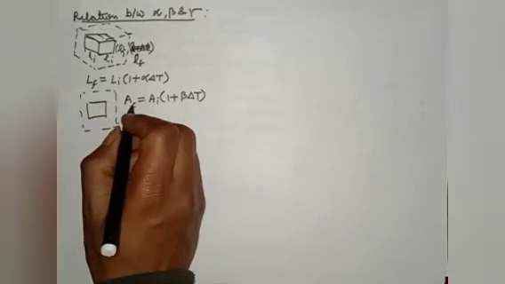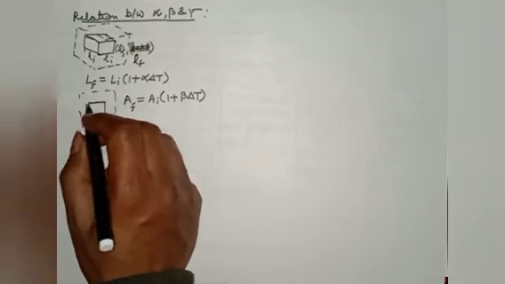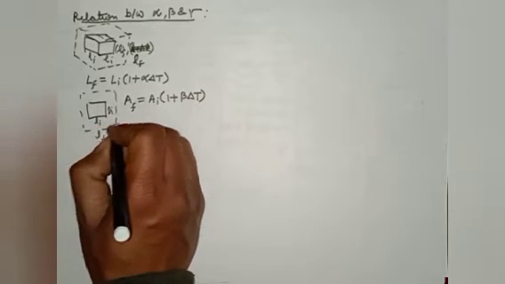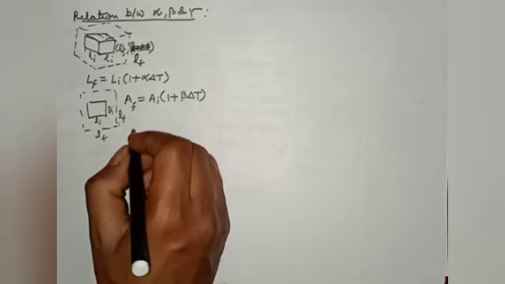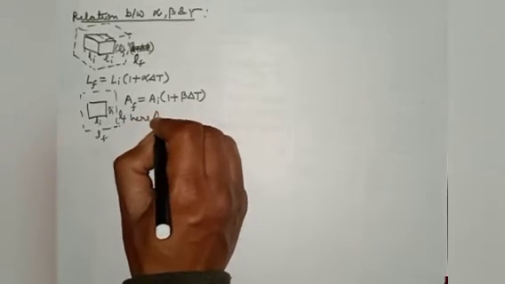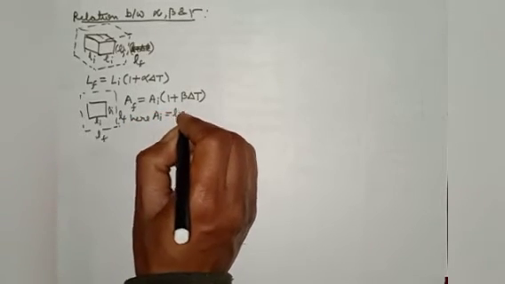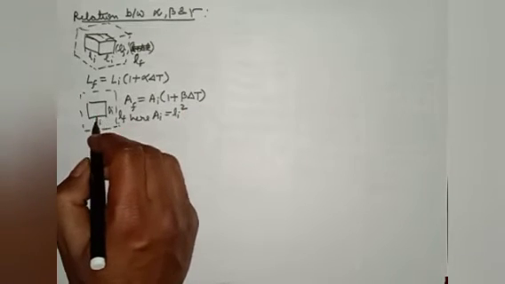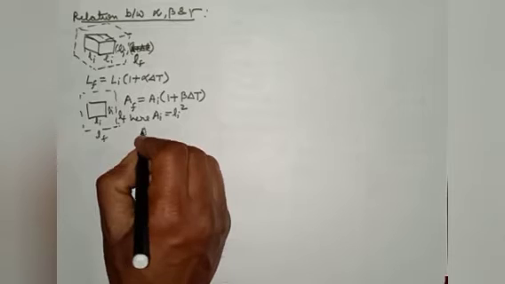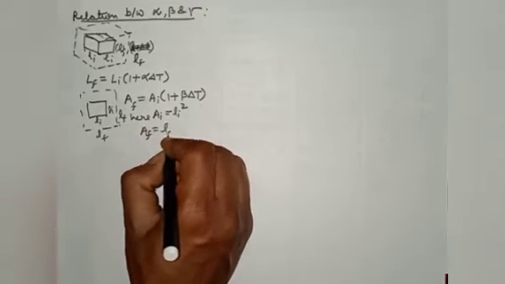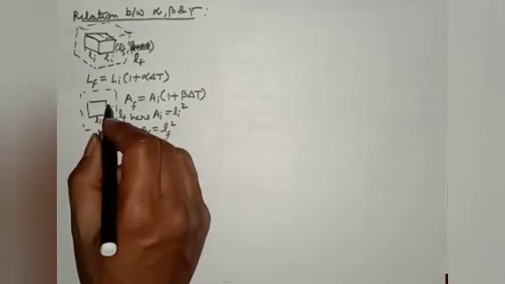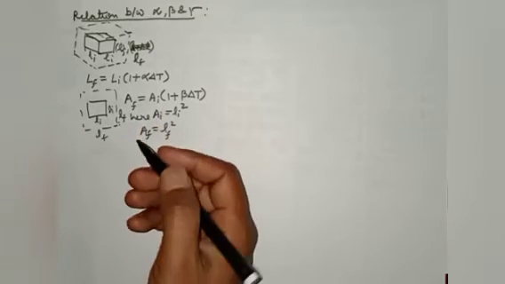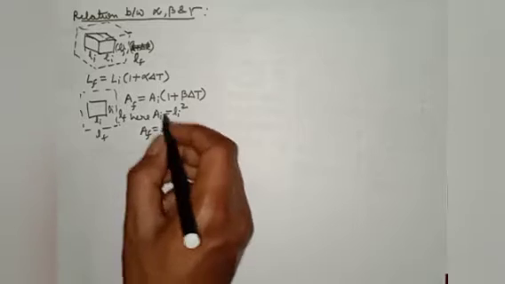Okay, so how do we find the area of this surface? We know the sides are Li, Li, and Lf, Lf. So here we can say that Ai is Li squared, because it's a square, side into side. Similarly, Af can be given as Lf squared, the final length squared. As we know, the area of a square is simply that. So we can put these two values here.